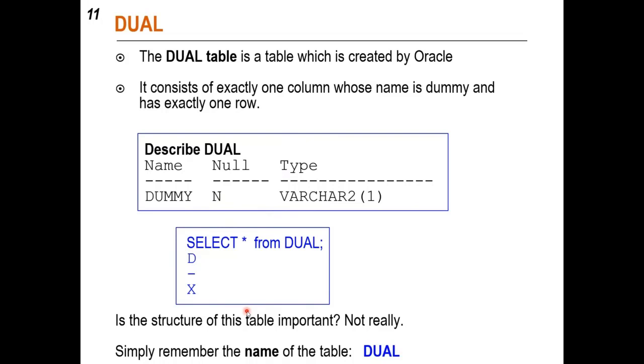Oracle will automatically give the output based on the dual table. It will execute the select statement as is without looking at the dual table. If you reference the dual table, it won't actually go through the dual table at all, just for testing purposes.